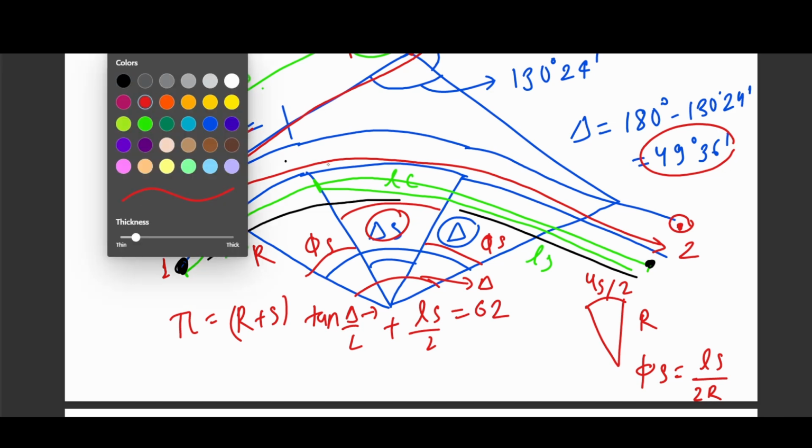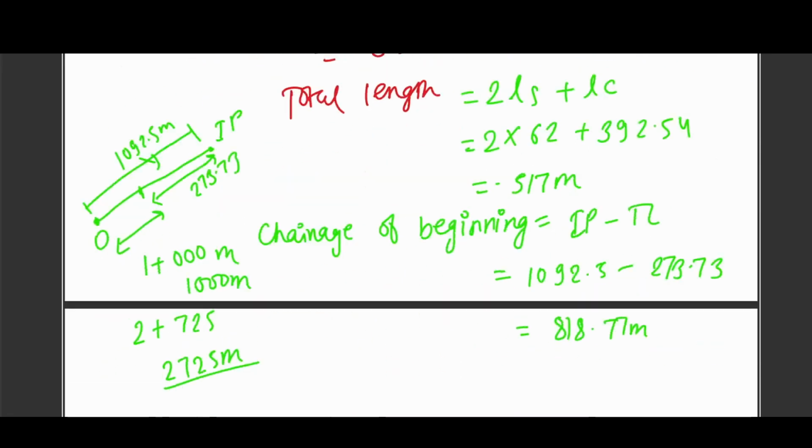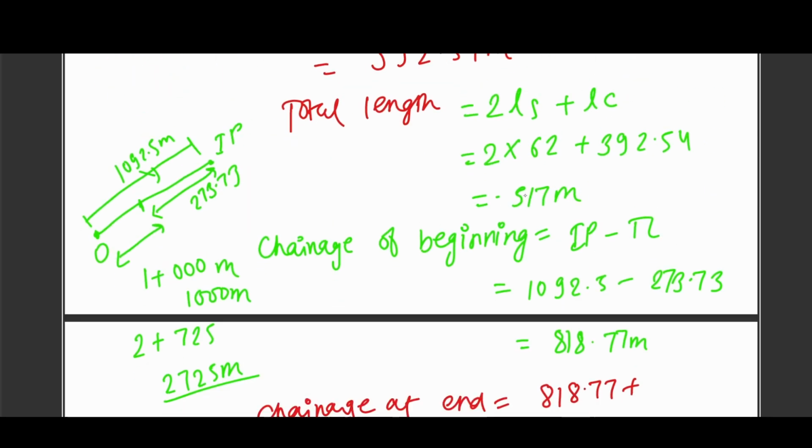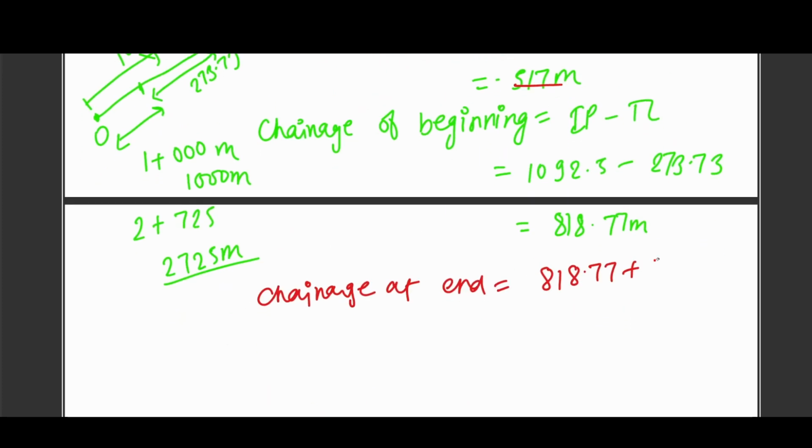So chainage at end will be 818.77 plus length of the composite curve, which is 517 meter. The value will be 1336 meter, near about 1336.